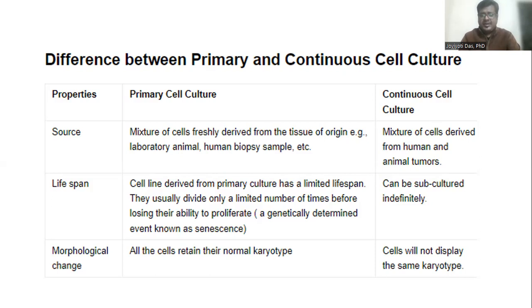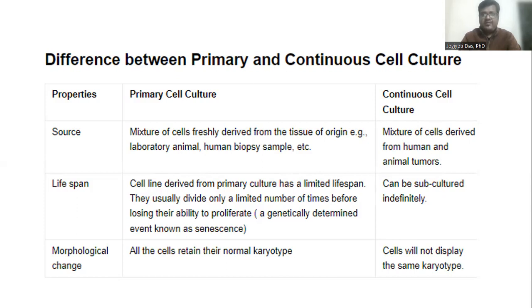And morphological changes, yes, you can note that also to distinguish primary cell culture from continuous cell culture. In primary cell culture, all the cells will retain their normal karyotype, that is the genetic constitution, the number of chromosomes, the size of chromosomes, everything will be similar to that of the tissue of origin. But continuous cell lines will not display the same karyotype. Cancer cells, as we know, have high mitotic rates.